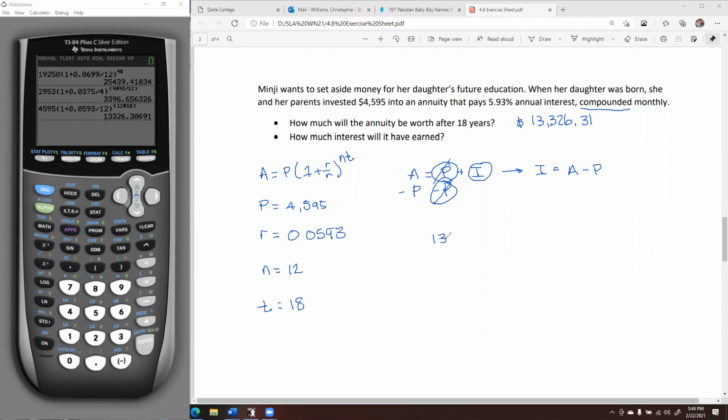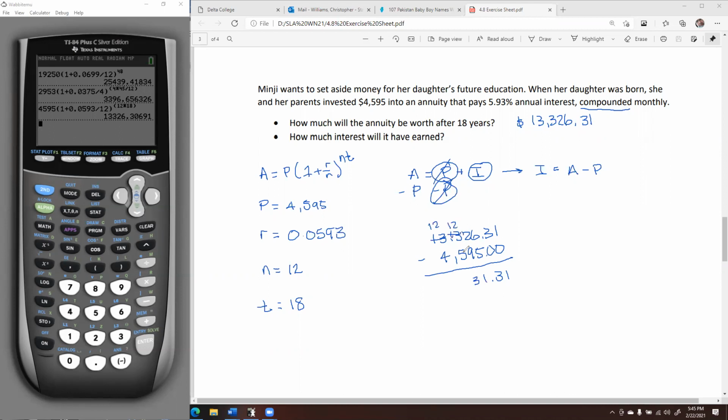take that 13,326.31, and we're going to subtract out the 45.95. So our 31 cents will just come down. This is going to be 1. Okay, we're going to have to make some change here.